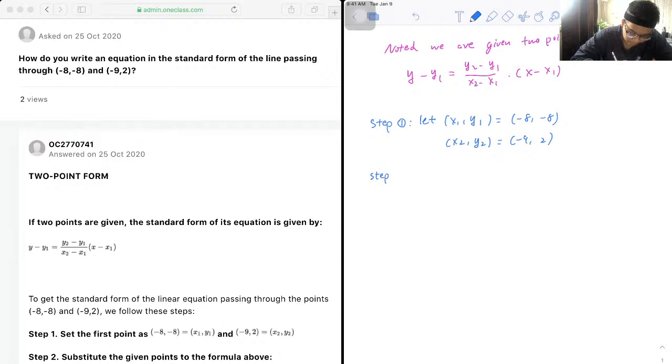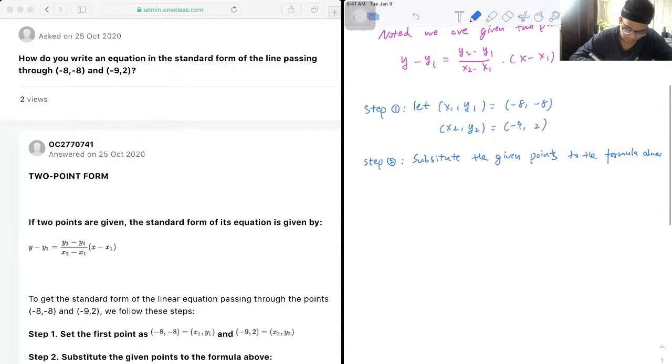Coming up, we have our step 2. We need to substitute the given points into the formula above.